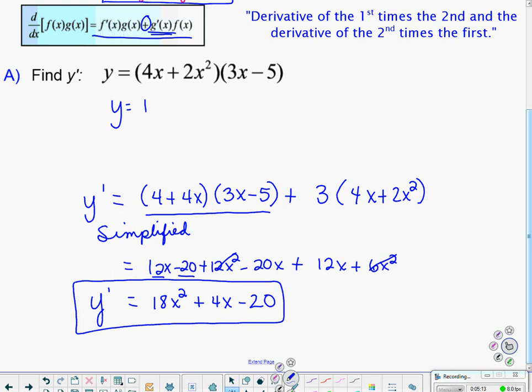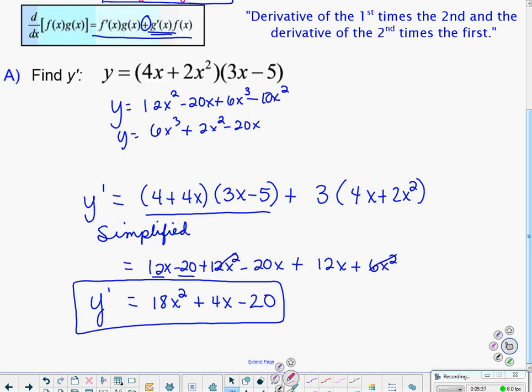If I FOILed first, I'd have a 12x squared minus a 20x plus a 6x cubed minus a 10x squared. Simplify it: let's get the cubes first, 6x cubed, a plus 2x squared, and a minus 20x.